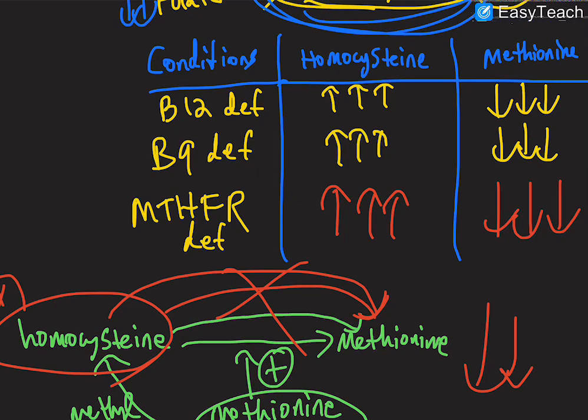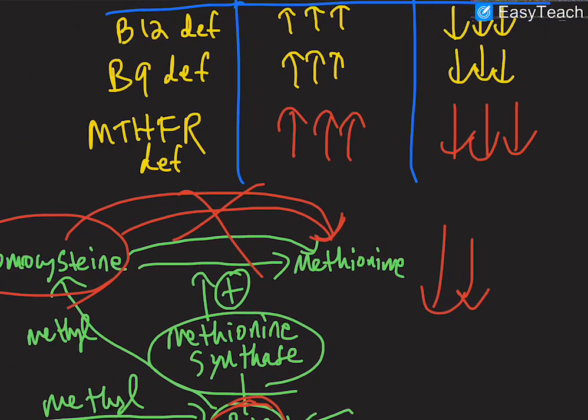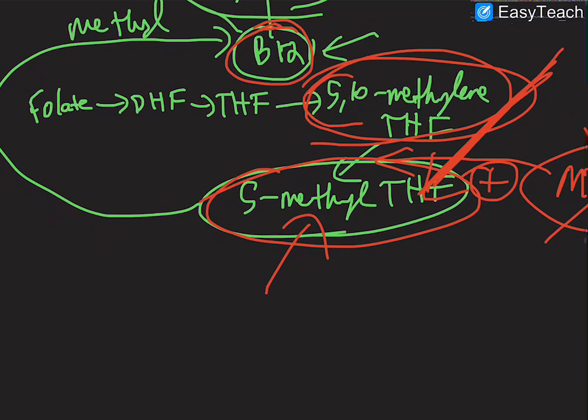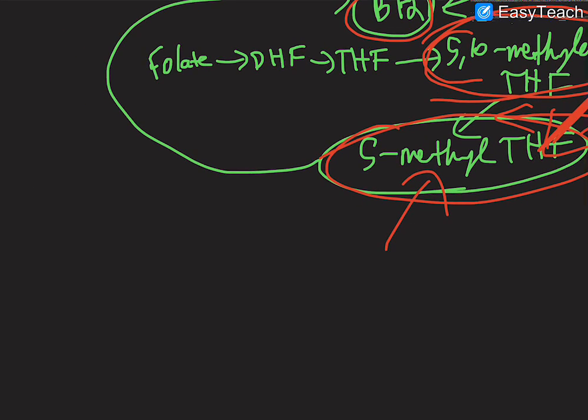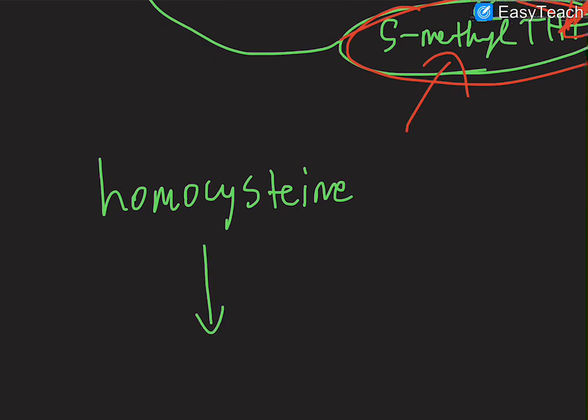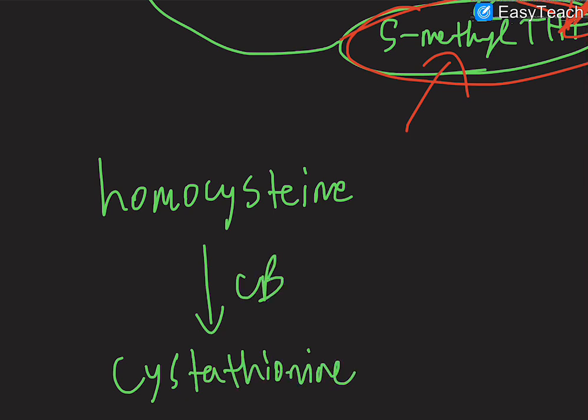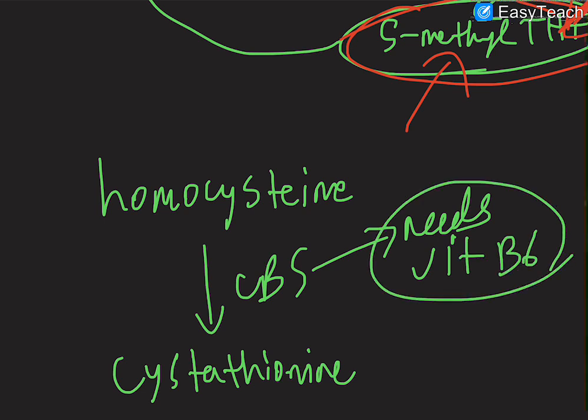All right. And then let's talk about cystathionine beta synthase deficiency. So we won't include that in the table because we ran out of room. So let's just talk about this here, right? In free space. So remember again, homocysteine in the transsulfuration pathway converts to cystathionine via the enzyme cystathionine beta synthase, who needs vitamin B6 to function.